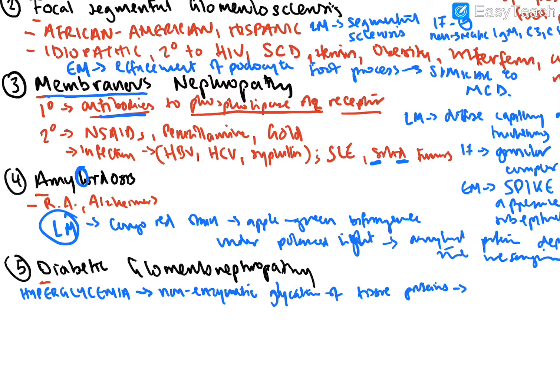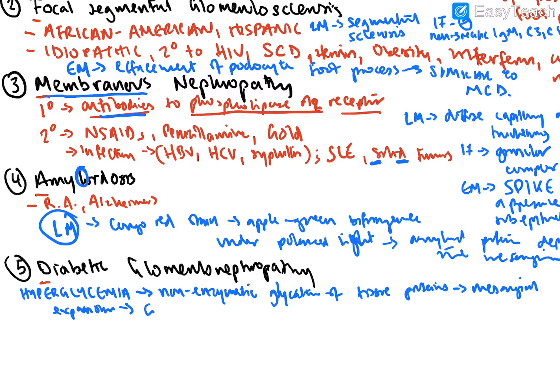Once that happens, you get mesangial expansion, because obviously you're sugarcoating them, right? They're gonna be all happy and loose, and they're gonna start growing big. So mesangial expansion. Then what does mesangial expansion do?